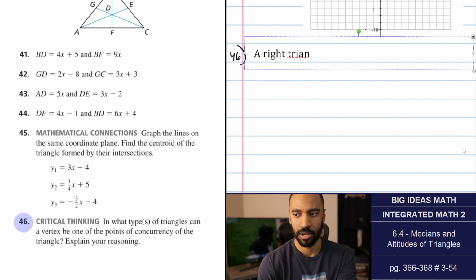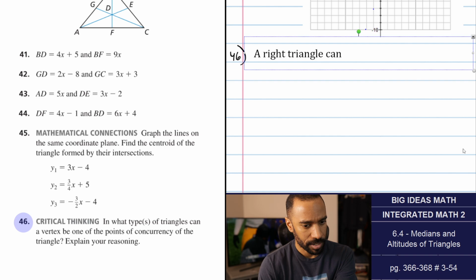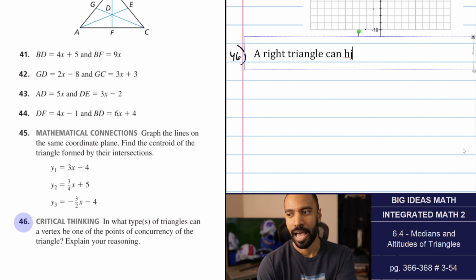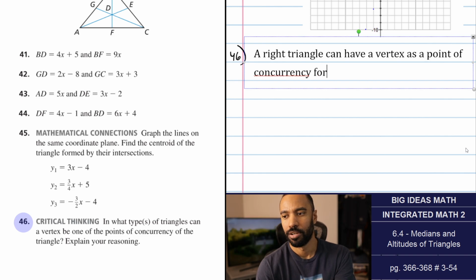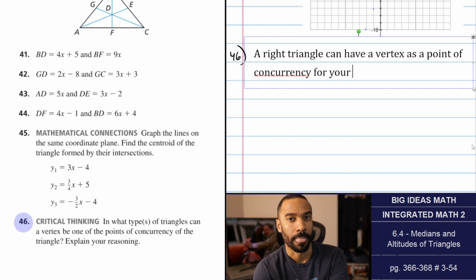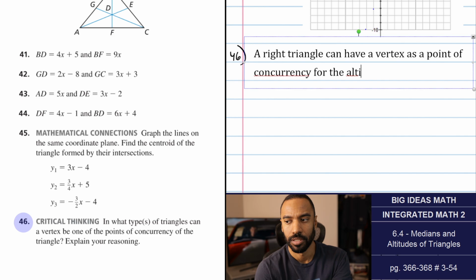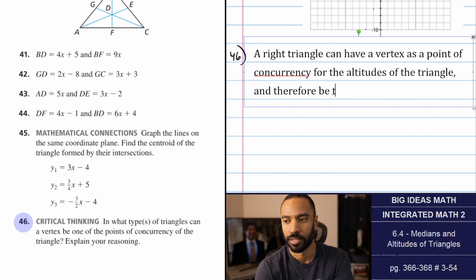A right triangle can have a vertex as a point of concurrency for the altitudes of the triangle, and therefore be the orthocenter.